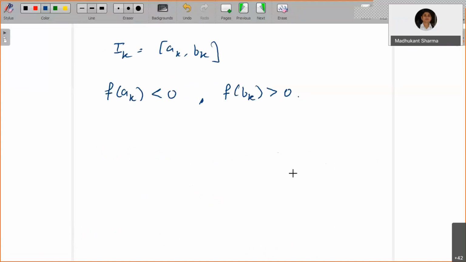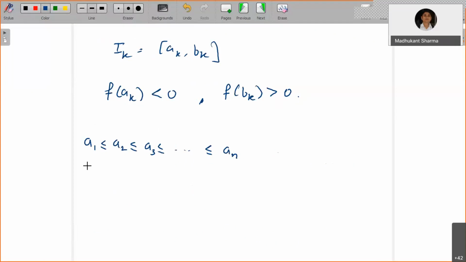That's the first thing. Second thing is, you also note the relation here: a1 is less than or equal to a2, less than or equal to a3, and so on, less than or equal to an.